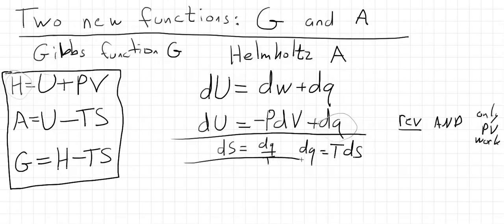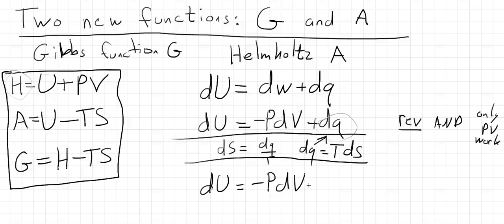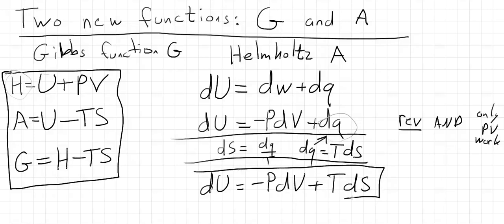Now we have an equation for dq that we can plug in up here. So we'll put that in right there, and we'll get that dU is equal to negative PdV plus TdS. And this is a new equation for the change in internal energy. And the nice thing is it's made up only of state functions.